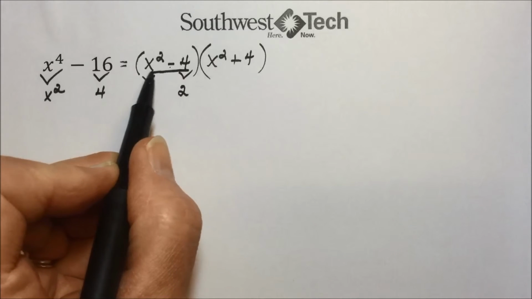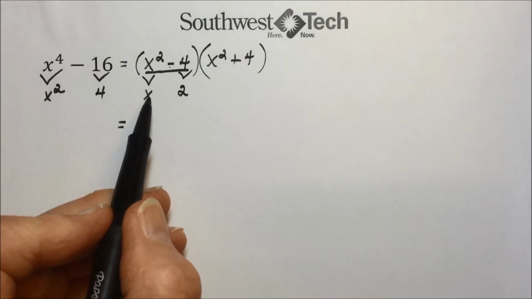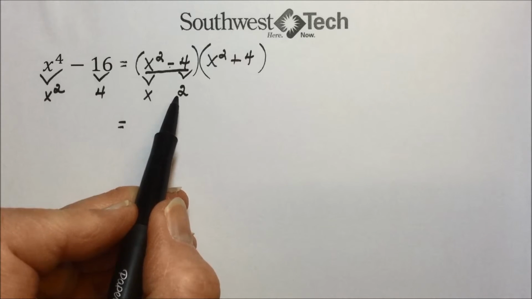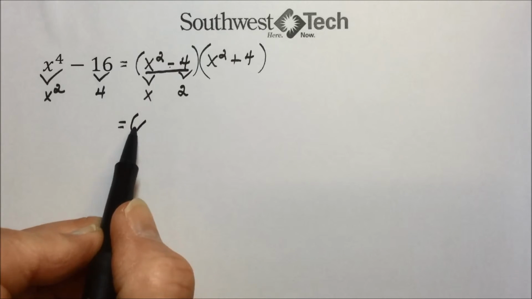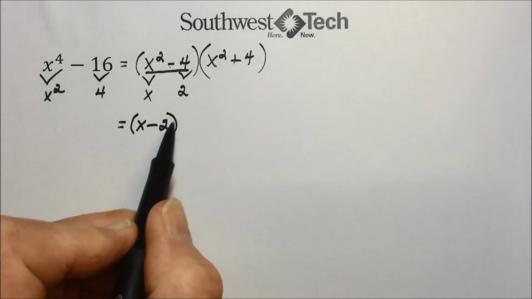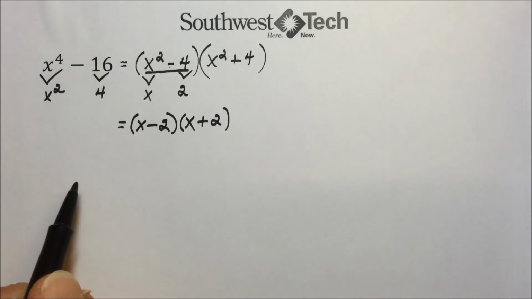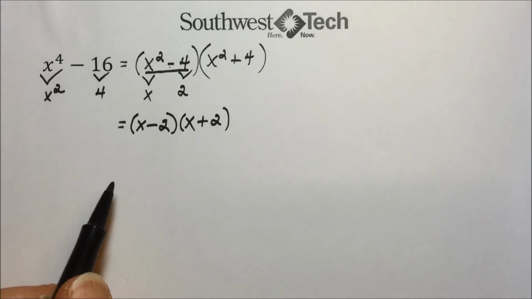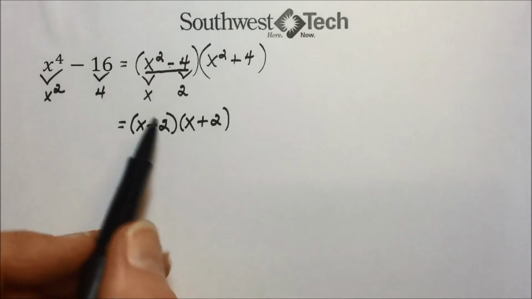So as it turns out, this binomial can be factored further because it also is a difference of squares. So in place of x squared minus 4, we will write the conjugate pair, which means first and second terms are the same in the binomial. The signs are different. So we end up with an x minus 2 times x plus 2.